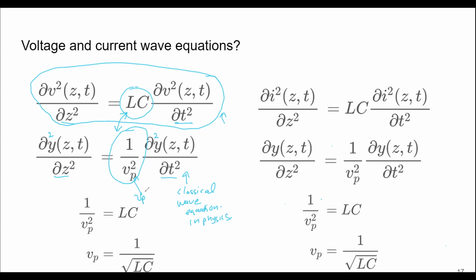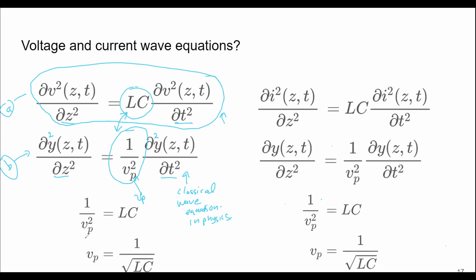So there's a similarity between the second equation and the first equation, and we can derive a relationship between LC and the wave velocity by equating these two parameters, because these two expressions, equation A and equation B, are similar.